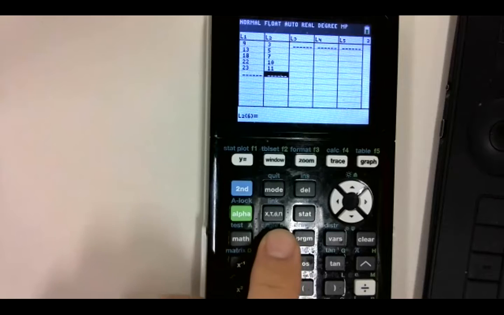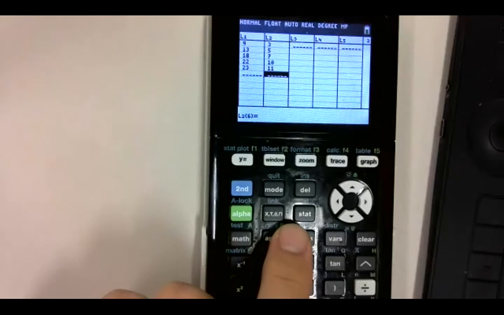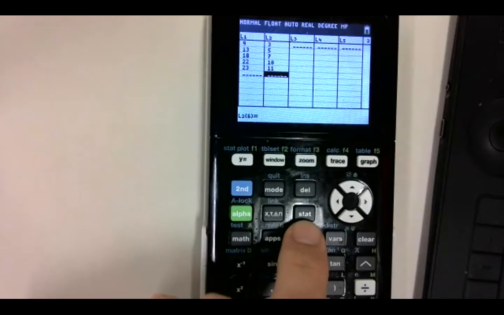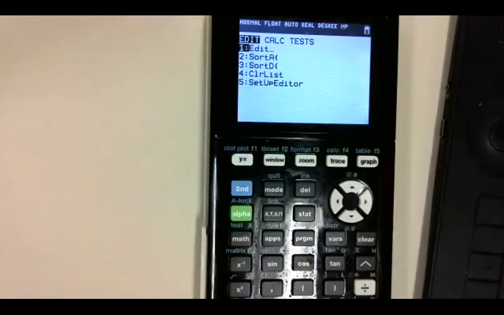The VARS button? Not yet. That's only when you're importing it. So if I want my equation, I have to press this one again. So hit stat. And now what? So I already edited it. I put it in.